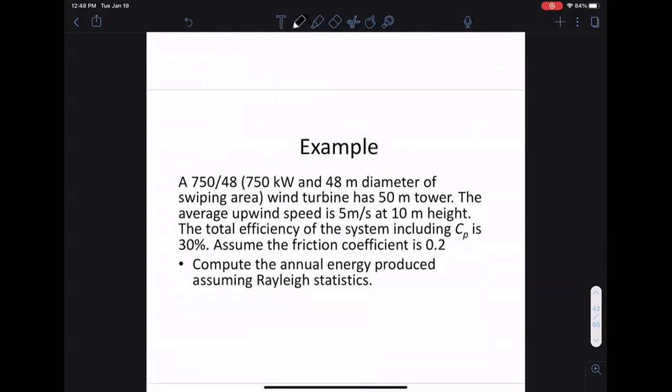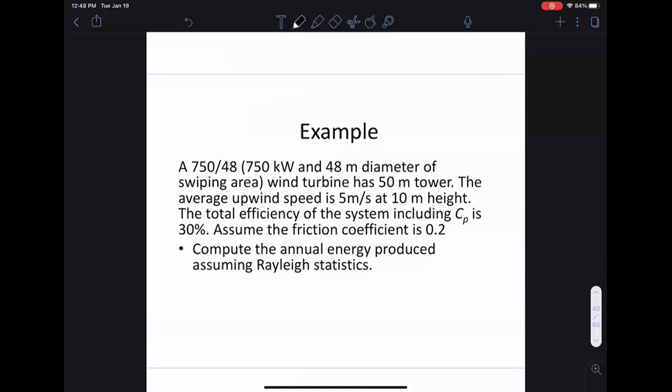So let's do an example of how we use this kind of probability model. This example says I have one turbine that produces 150 kilowatts of power.